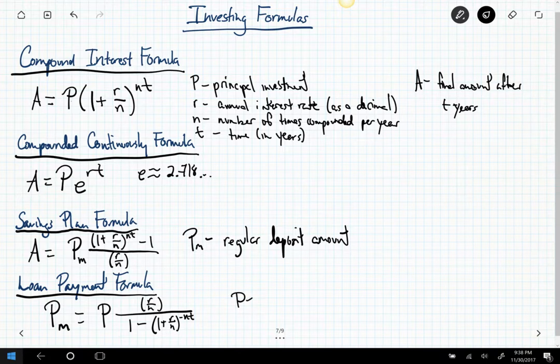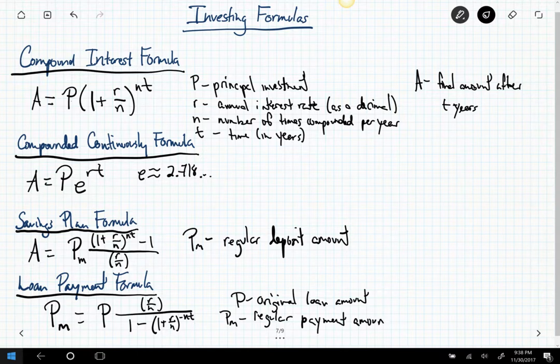But here, the P stands for the original loan amount, because we're talking loan payment formula. So we're taking money out and we're paying it back. And then notice for this piece, m, that's the regular payment amount in this case.